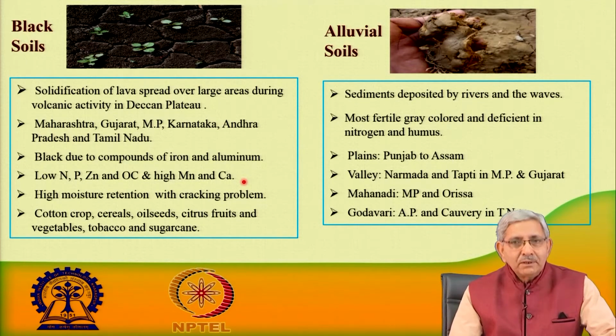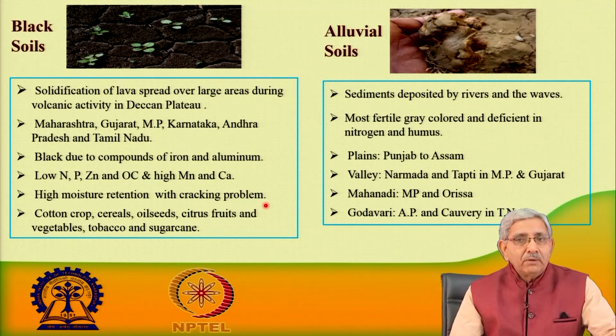When it comes in contact with water, it swells, but when there is a deficiency in moisture content and the soil dries, the cracking problem comes. So, they are actually a problem, and particularly drip irrigation is highly suitable, rather than conveying water through the irrigation channel, which is a great problem.